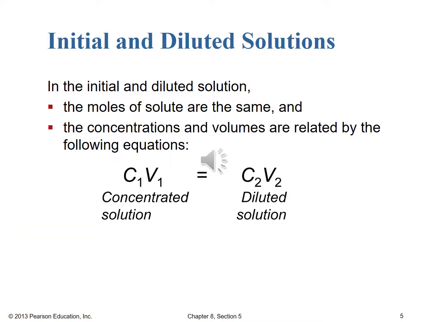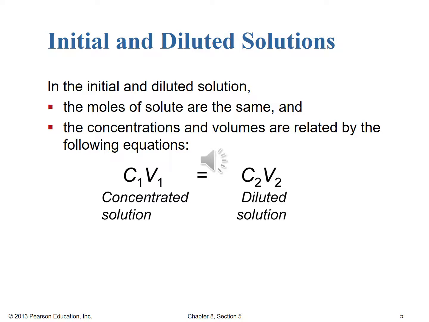Now, if we're thinking about finding those final concentrations based on the initial concentrations and then the final diluted volume, what we have to understand with dilution is we're not changing the solute. So the solute is what's in the numerator, right? The moles of solute per liter of solution is our definition of molarity, which is our most common unit for concentration in chemistry.